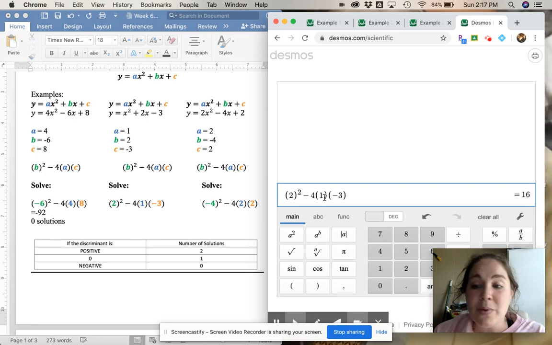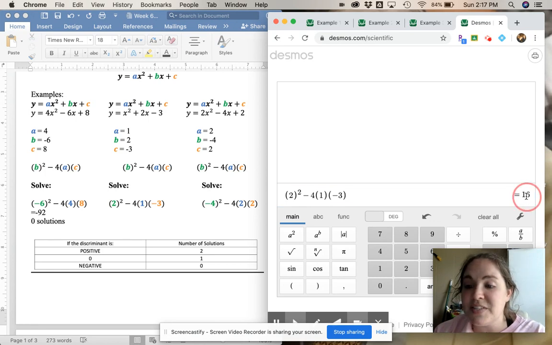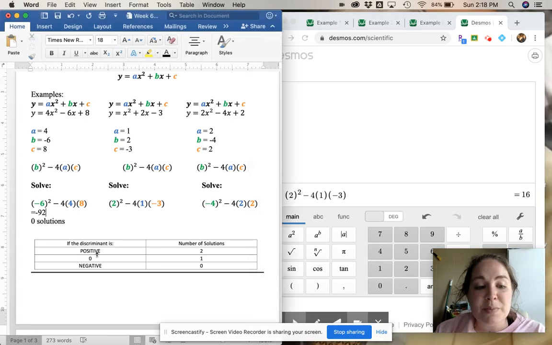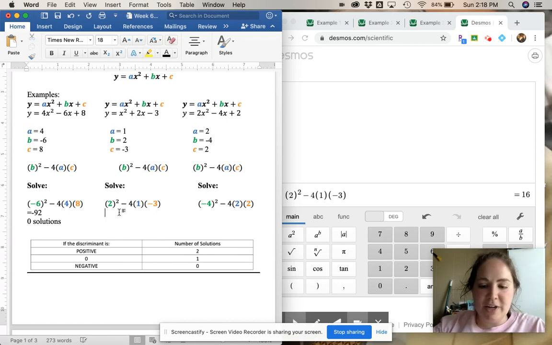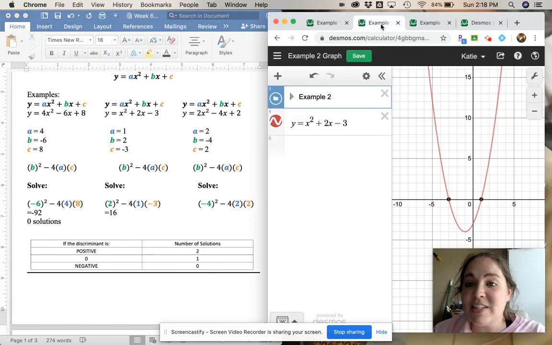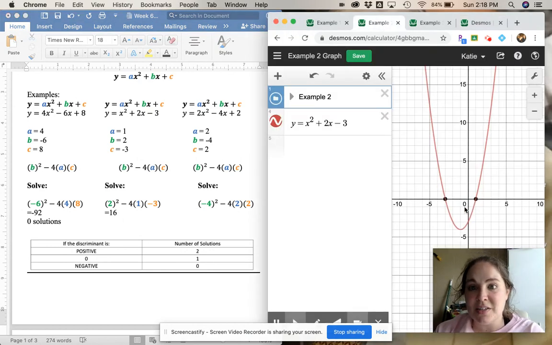So when I type that one in, we get an answer of +16. So if we go over here to our chart, if the discriminant is positive, we should get 2 solutions. So let's put that underneath here, equals +16.